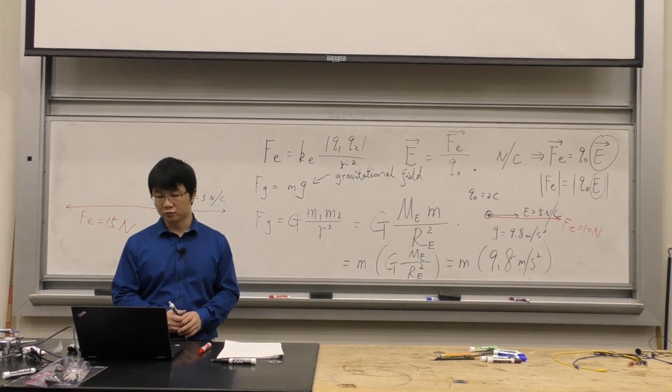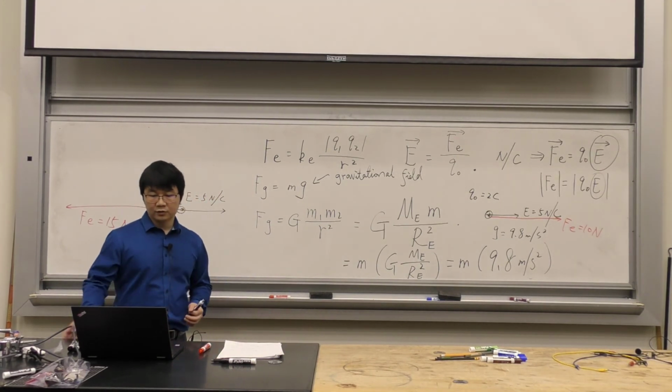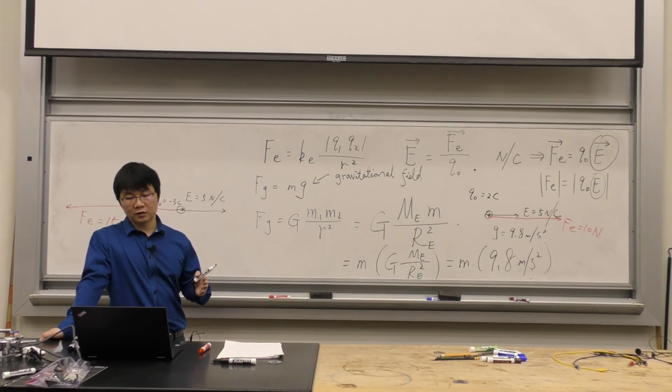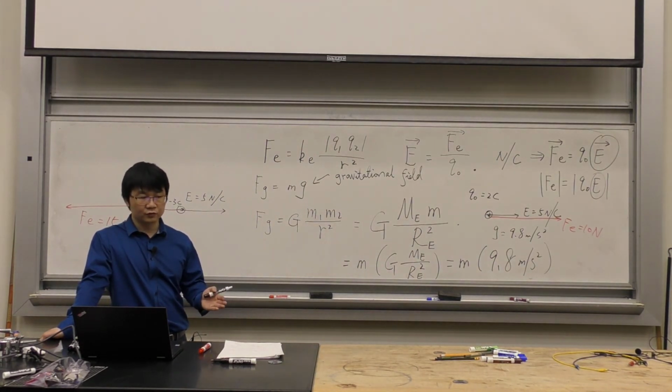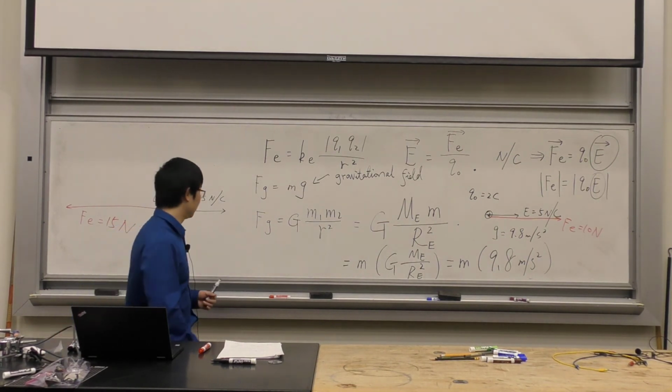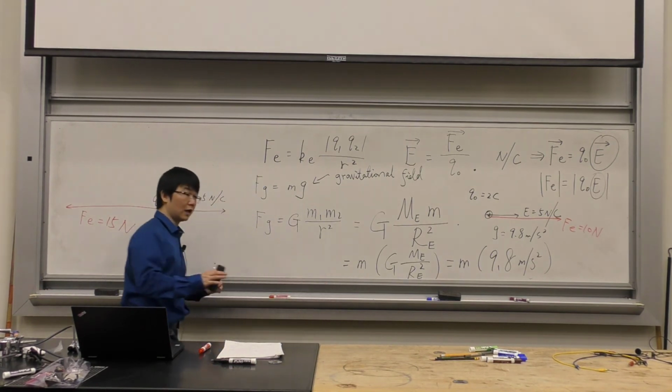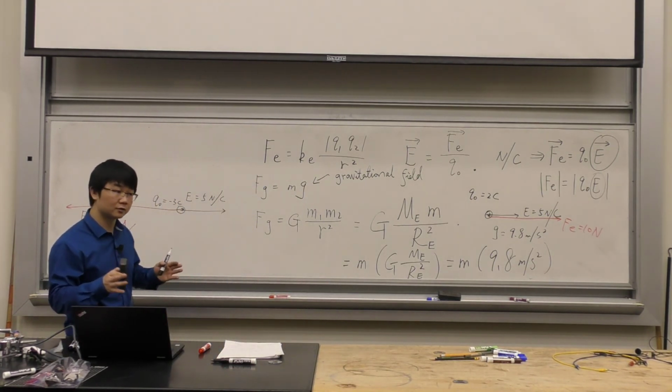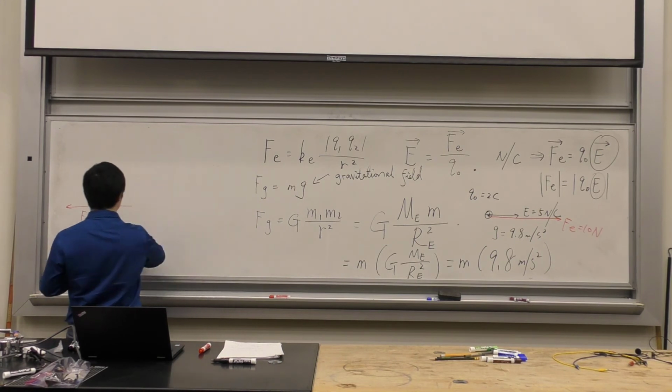This is PowerPoint 2. So first of all, when we draw the electric field line, we can use the electric field lines to figure out the direction of the electric field at any point. The electric field lines don't have to be always straight. They can be in any arbitrary shape.